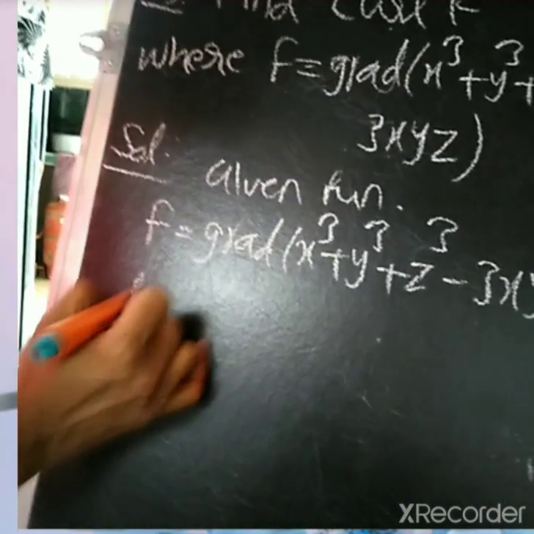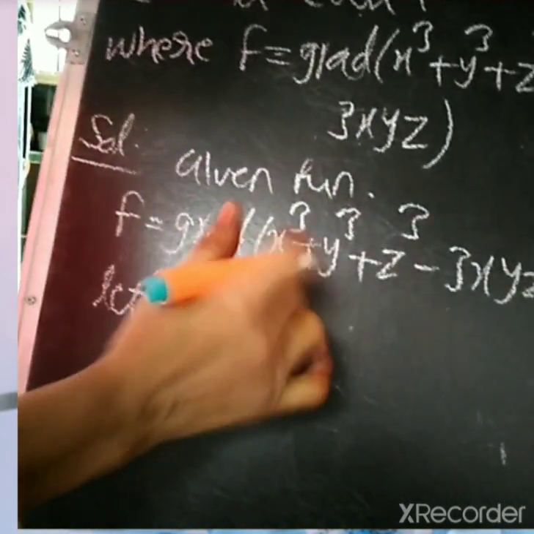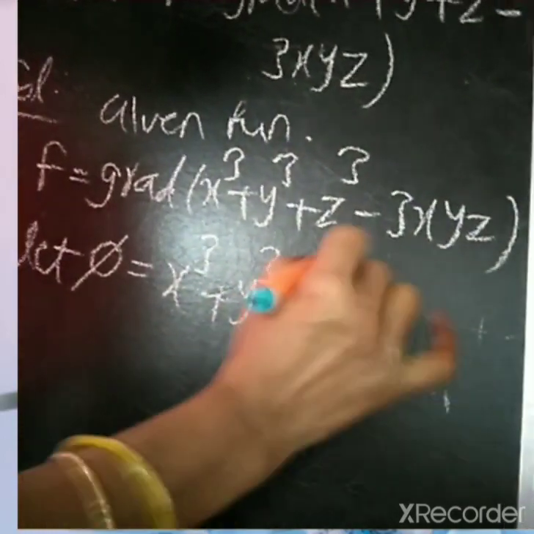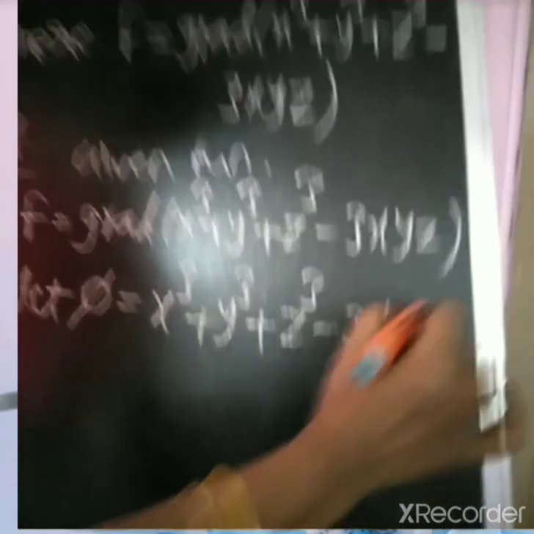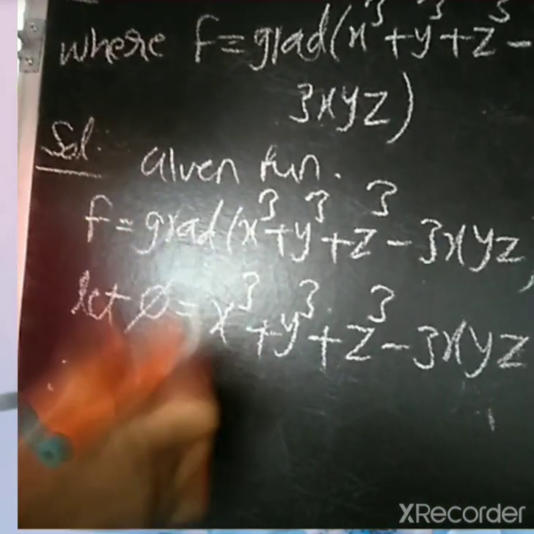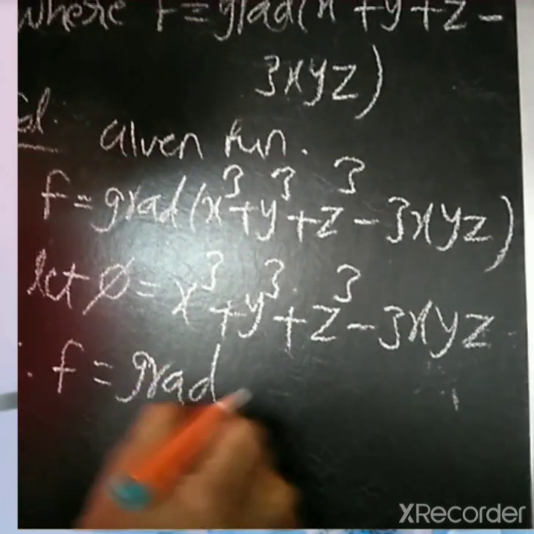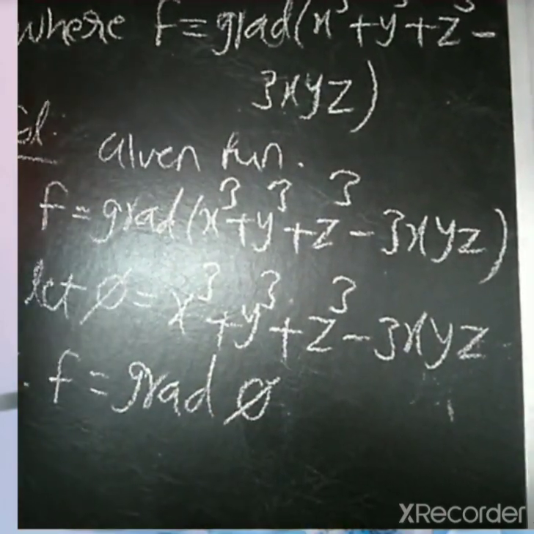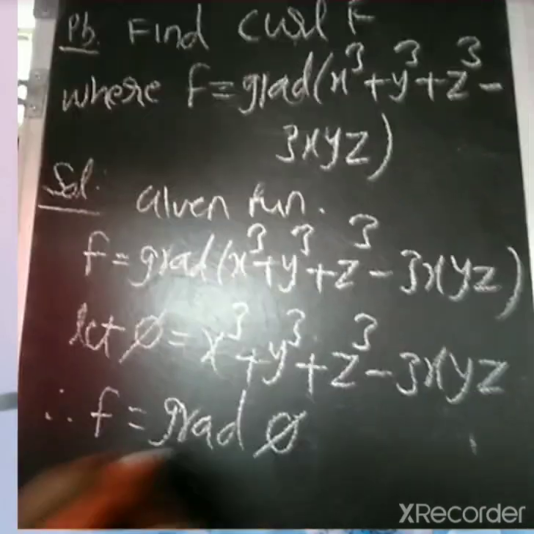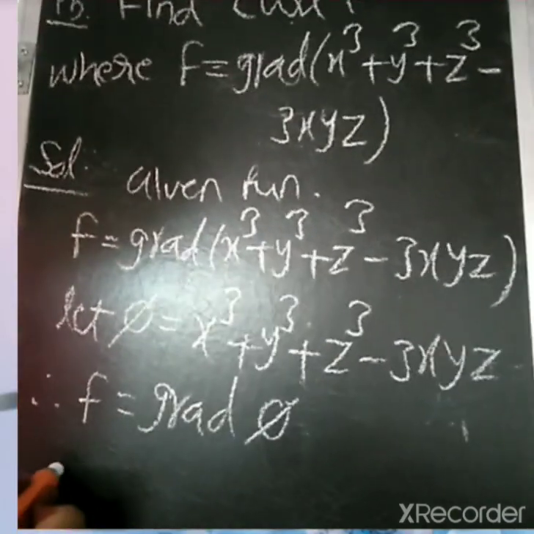Here let phi be equal to x cube plus y cube plus z cube minus 3xyz. Therefore f is equal to grad phi.